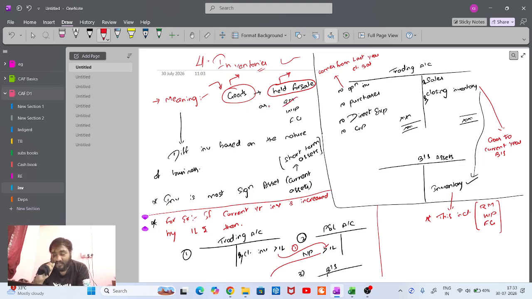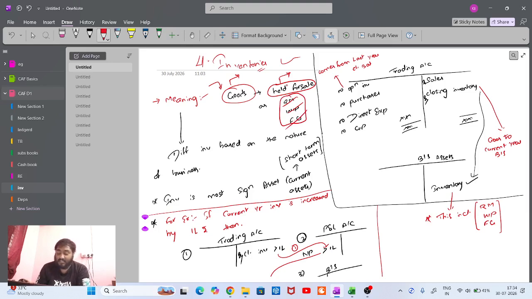In order to manufacture this pen, there are so many elements to be combined. Then there are work in progress goods, the goods lying as work in progress at year ending, which were raw materials but are not yet finished goods. And then there are finished goods. These are the goods that consist in the inventory.